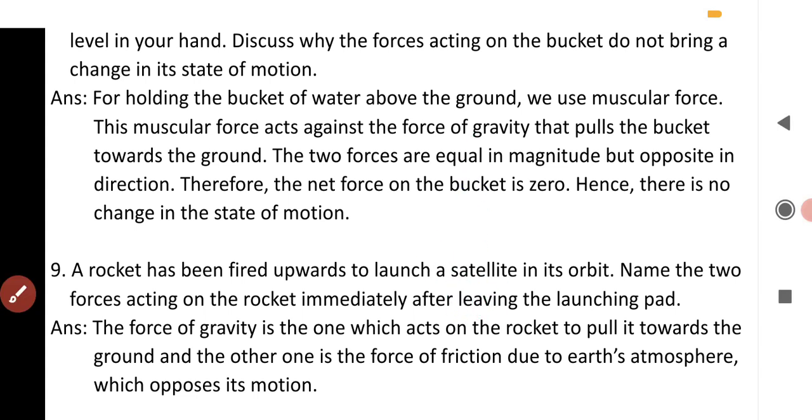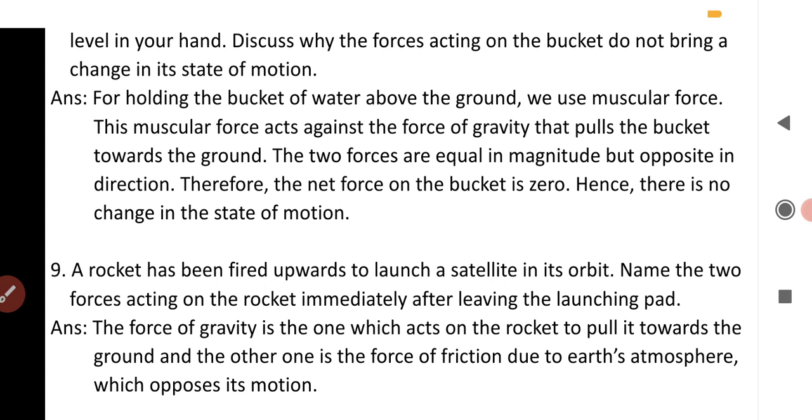And the other force is what? The other one is the force of friction due to the Earth's atmosphere, which opposes its motion. There will be a force of friction between the air and the rocket, because the rocket will be fired towards space, right?